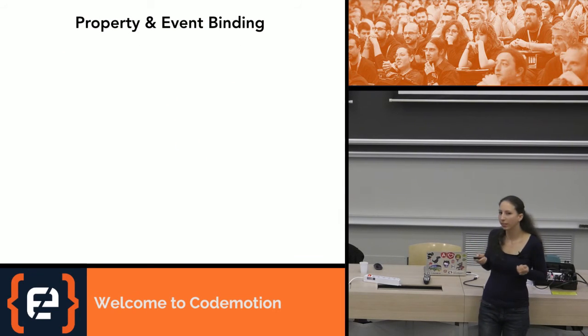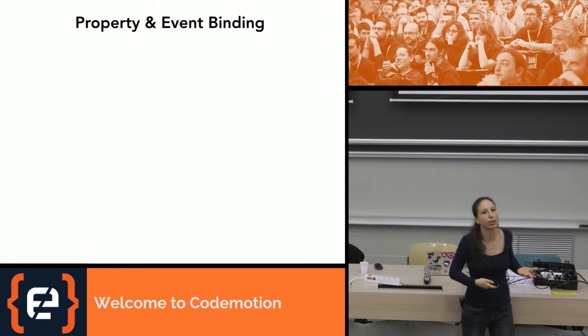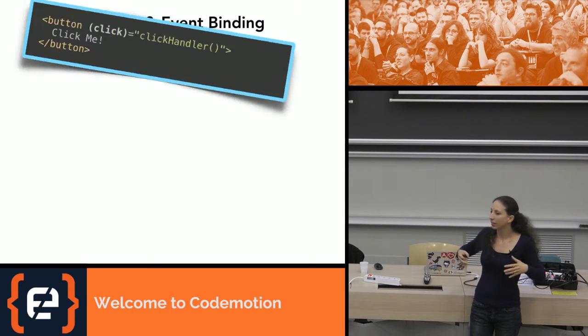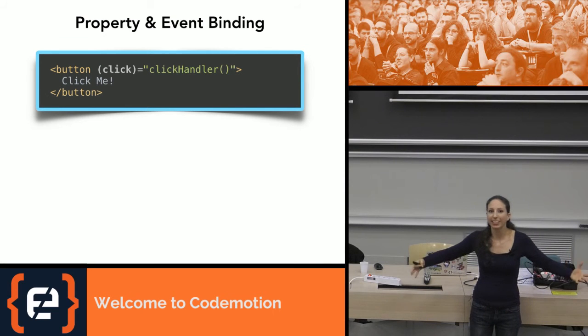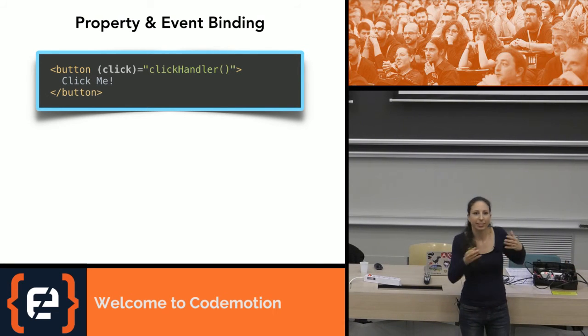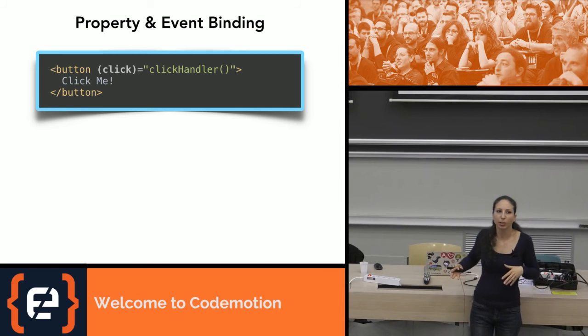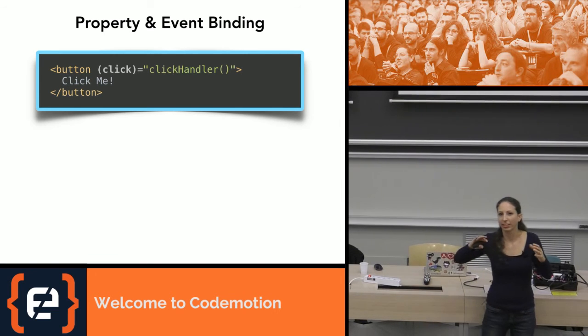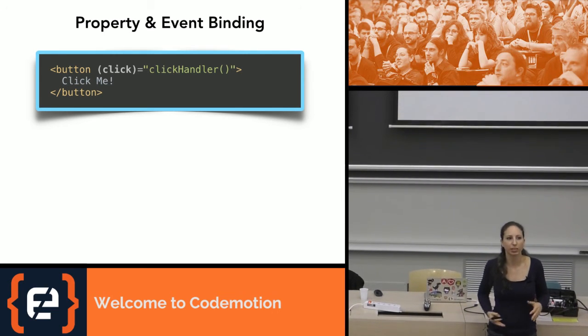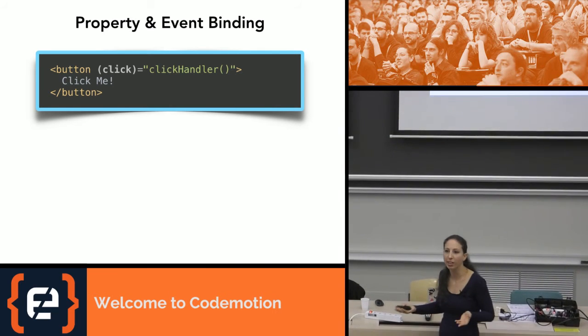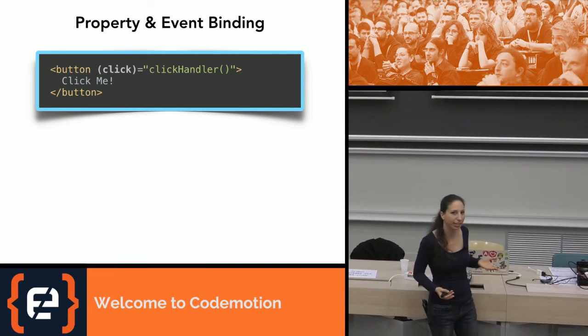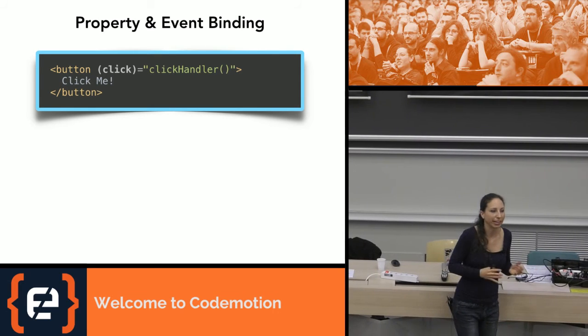So properties and events don't exist only in the components that we write. Angular gives us the ability to use them in native HTML components and in any other component that you import from any other library, maybe some jQuery library or anything else.